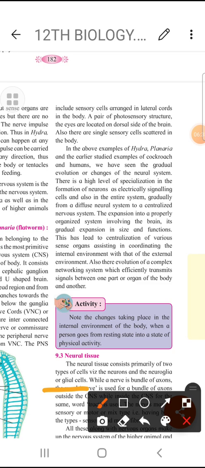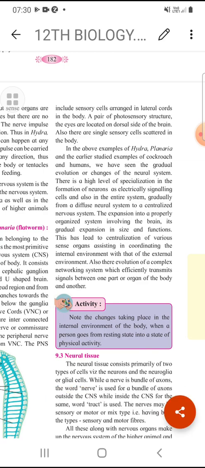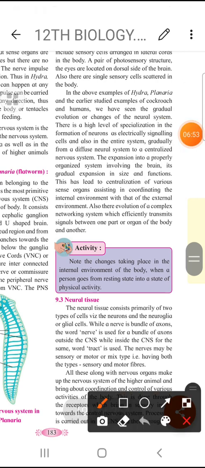Okay. So we have a question for this. What are the different types of nerves found in our body? So we have already learned sensory and motor fibers, right? So make questions. First question, explain the structure of nervous system in hydra with diagram. Next question, explain the structure of nervous system in platyhelminthes, especially in planaria with diagram.